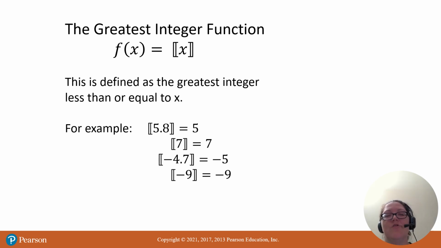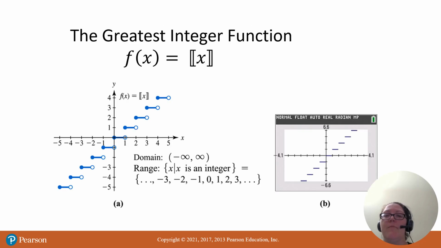Now this seems a little strange, and I know a lot of people struggle with it, but the greater integer function looks something like this. Now it can be graphed in the graphing calculator. This is one that we will not specifically use in this class, but I do want to make you aware of it for those that are moving up into higher level math, because it is one of those really cool piecewise functions that makes its appearance.